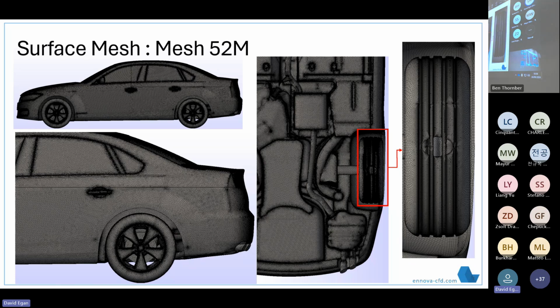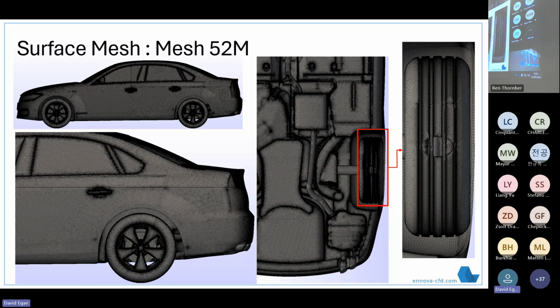There are differences. It's very difficult to get the sizing the same everywhere simply because of the different meshing technologies. But a general rule of thumb is that a 50 million polyhedra mesh corresponds to about 6 times that, which would be a 300 million general cell model.